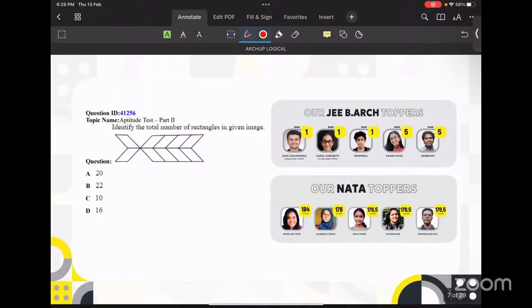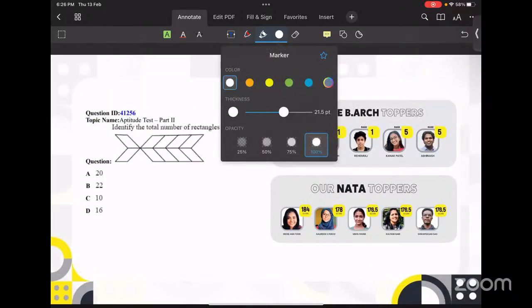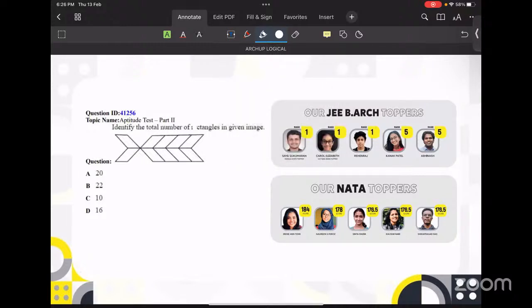Now in this question, actually there is a printing mistake. If you go through this previous year question, you can find this is not a printing error from our side. Actually, I kept this mistake over here to draw your attention to this. Sorry, the question was about rectangles, but it is actually parallelograms.